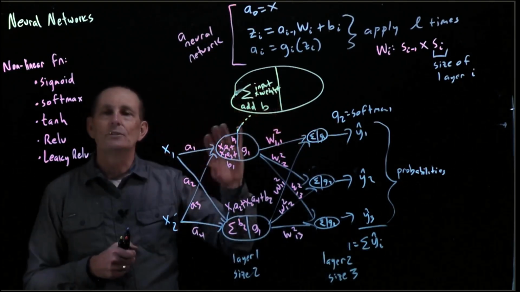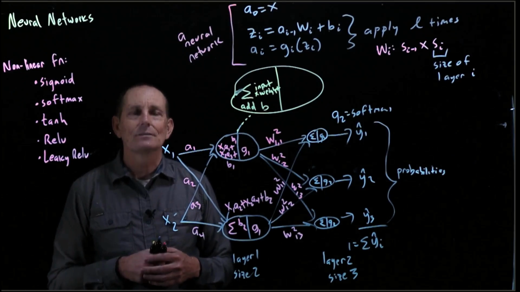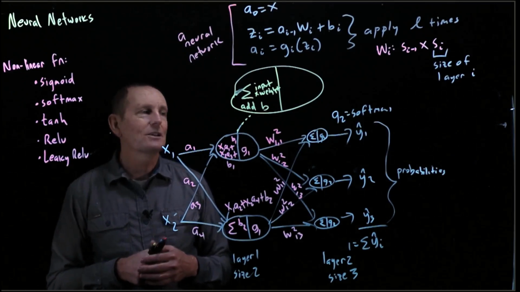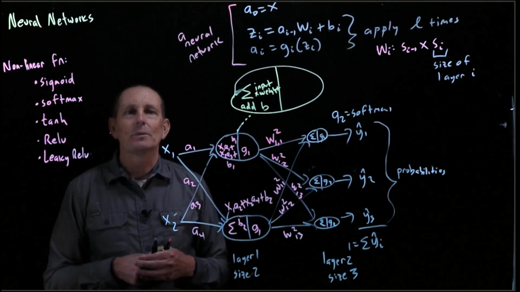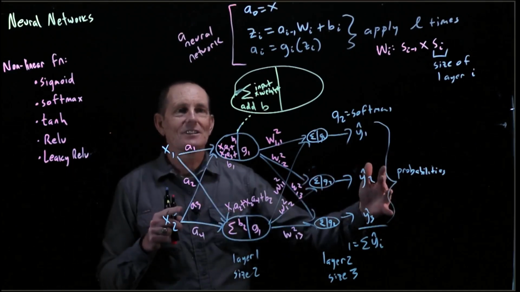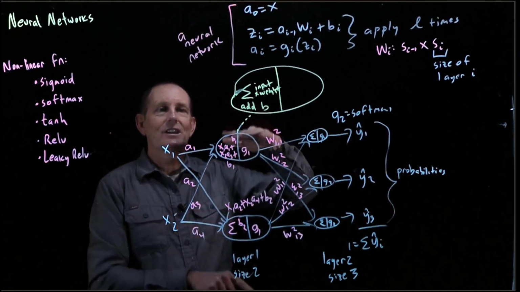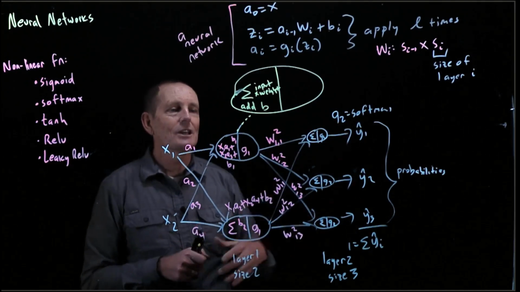So we'll not normally be using these diagrams. These were handy in the past, originally when people were working with neural networks, because we could only handle very small networks, both because of computational resources and also we didn't know how to train them. So we did not have deep networks, and we didn't have networks where layers were of particularly large size, so we could afford to look at it this way.